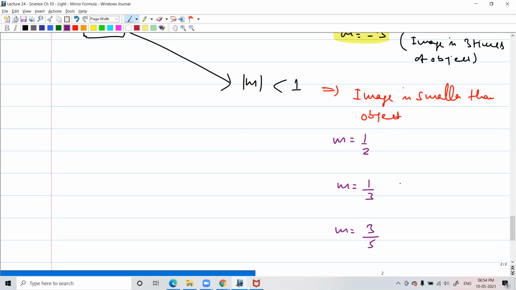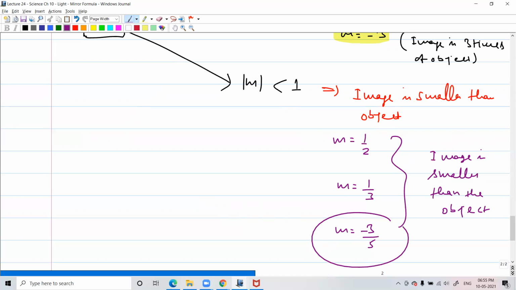In all these cases, the image is smaller than the object. And this also can be negative. So even if it is -3/5, it only means that the image is inverted. In these cases, the image is erect; this is an inverted image if it is negative.